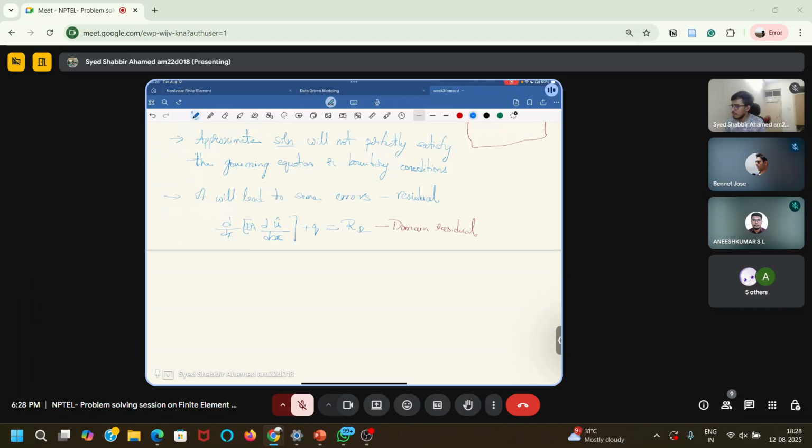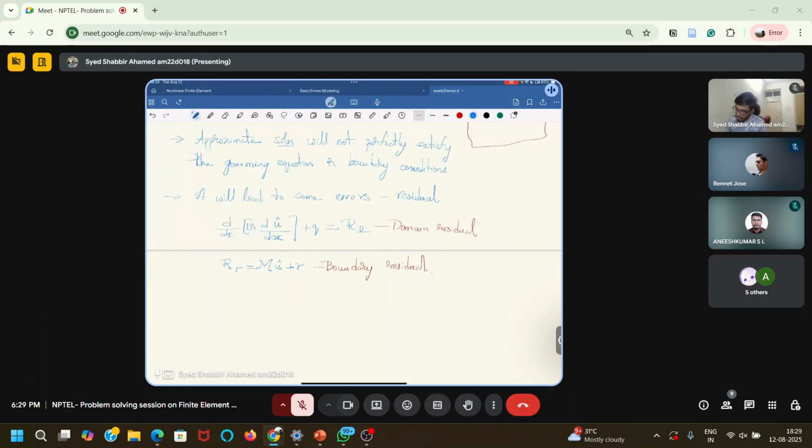You can also have a boundary condition residual, which you can write using this operator M of u cap plus R. We will see what this is, but if you have a forced boundary condition, there can be some error there also. So this is a boundary residual.